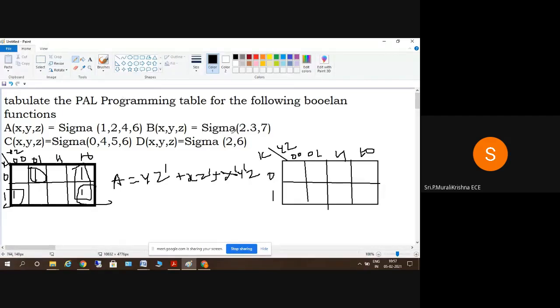And what are the values here? Sigma of 2, 3, 7. This is 2, this is 3 and this is 7. So two pairs. B is equal to YZ plus X bar Y. So this is B.